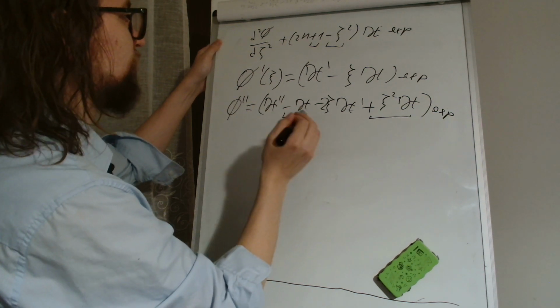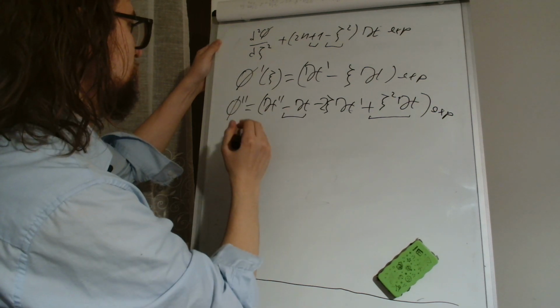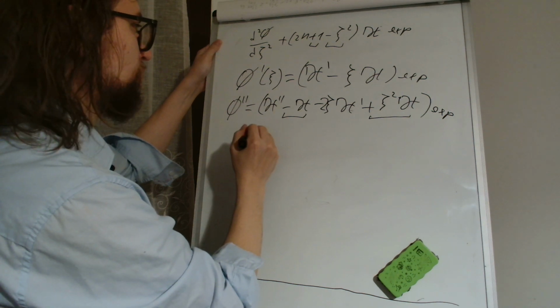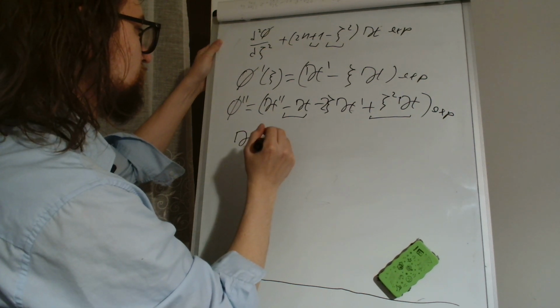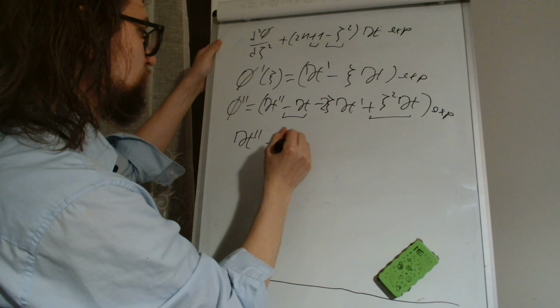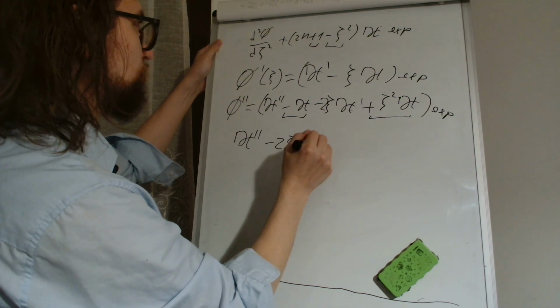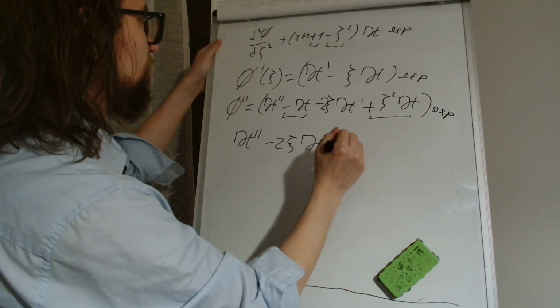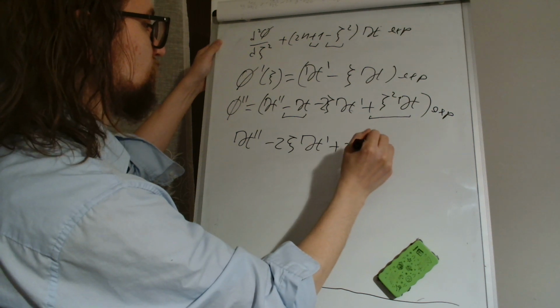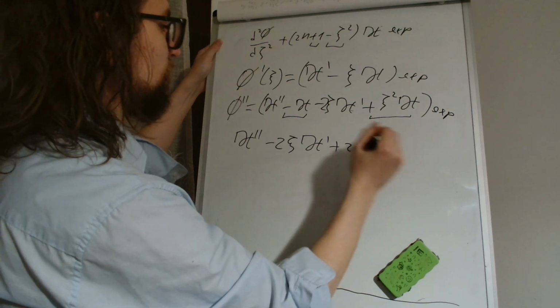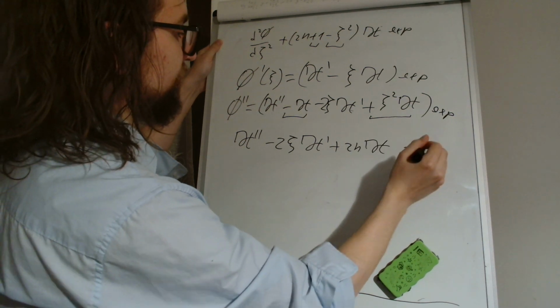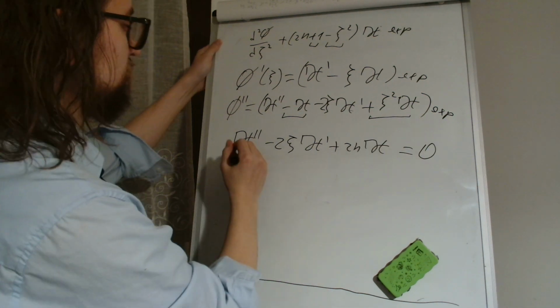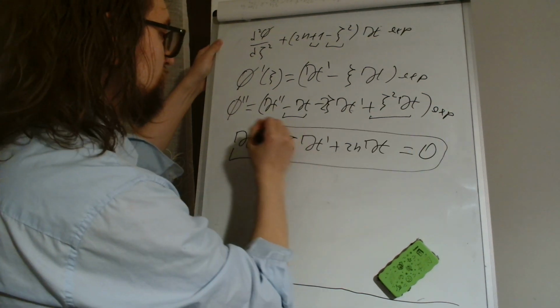So we are left only with h second minus 2 psi h prime plus 2n h times the exponential equals 0. We divide everything by the exponential and we get this equation here.